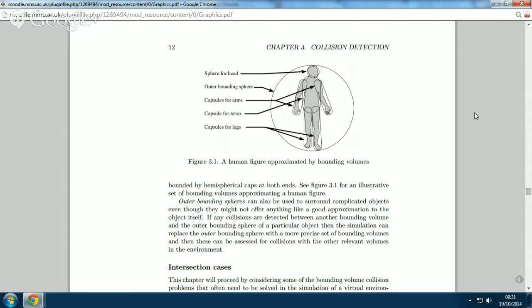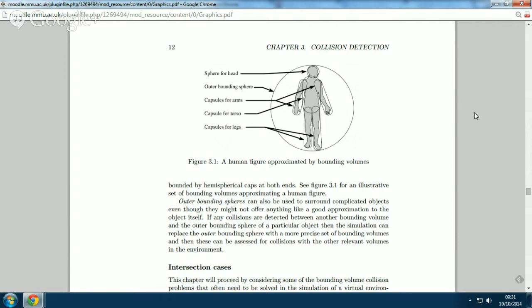And if the computer just tracks the movements and the positions of these, maybe it should use 2 capsules, one for the upper arm, one for the lower arm, to allow the arm to bend. But tracking the figure to that level of precision would probably be good enough. And if you're just playing the game and shooting at figures and missing them or hitting them, it probably would seem realistic enough. Okay. So that's approximating the figure.